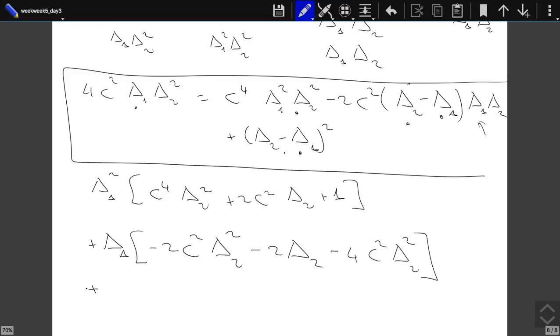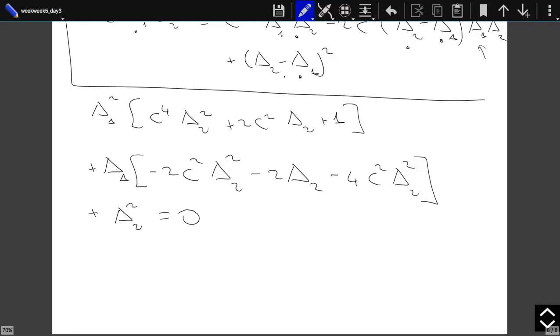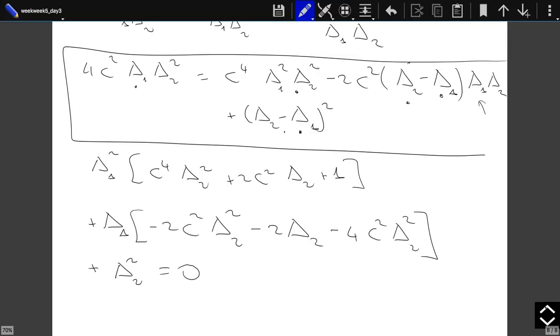And a term that doesn't contain any delta 1 is over here plus delta 2 squared. This should be equal to 0. And I don't see any simplification. Let's ask some computer to do it for us.